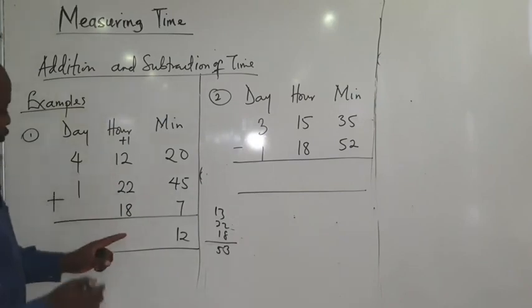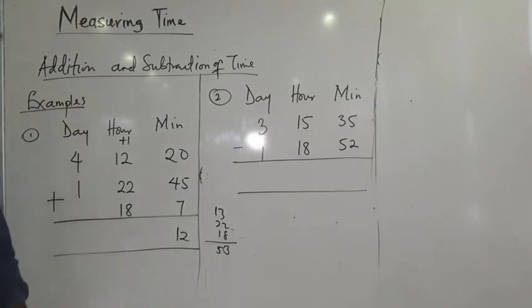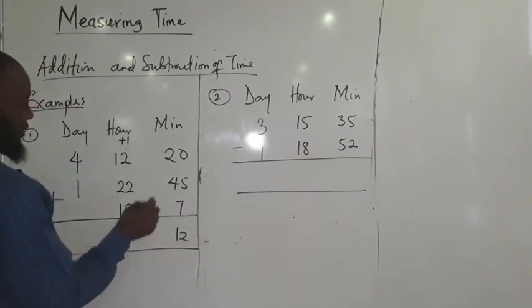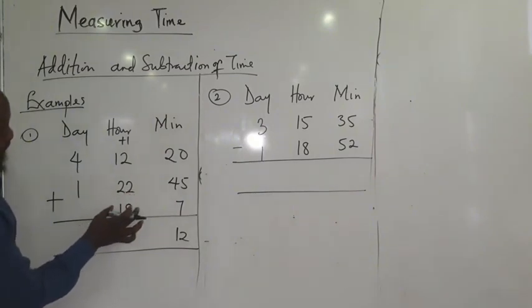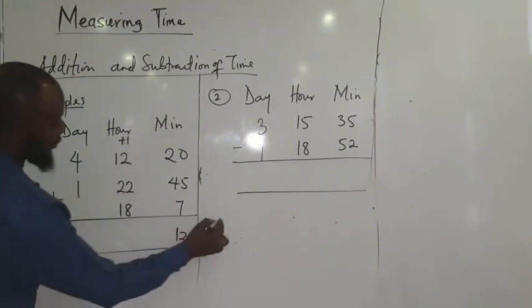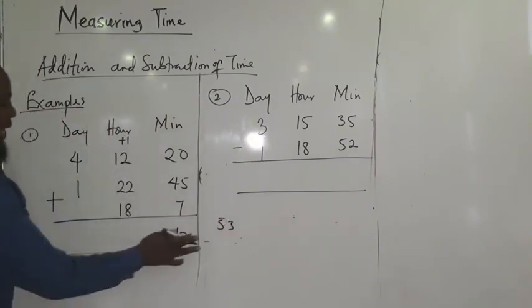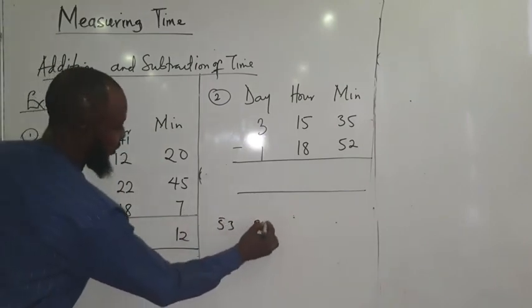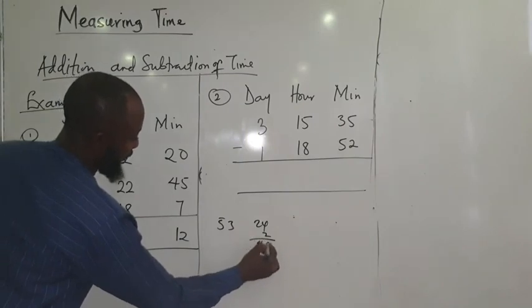And under this one, 24 hours make a day. So what we have is 53. How many 24s can we bring out from this place? If we have 24 times 2, this will give us 48.